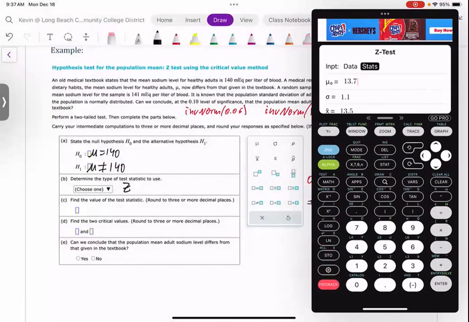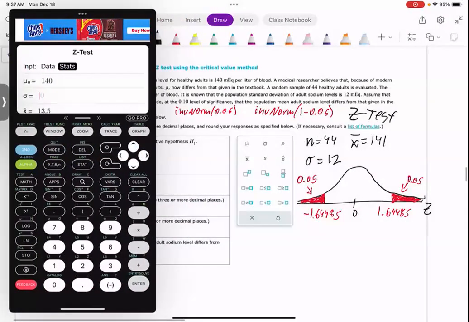So we are at 140. Sigma is 12. X bar is 141. N is 44. This is a not equal to scenario. And here we are.